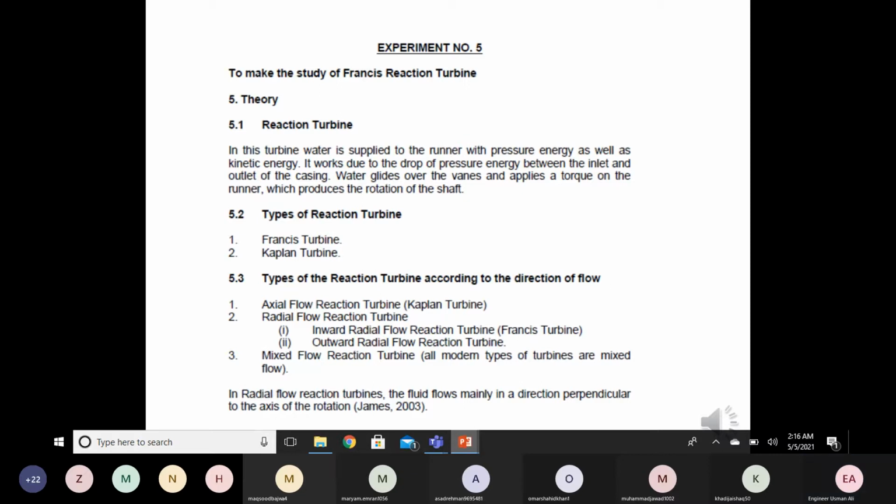Now, in radial flow reaction turbines, the fluid flows mainly in a direction perpendicular to the axis of rotation. In axial flow turbines, flow of the fluid is along the axis of rotation, but in case of radial flow turbine, flow of the fluid is mainly in a direction perpendicular to the axis of rotation or perpendicular to the shaft.